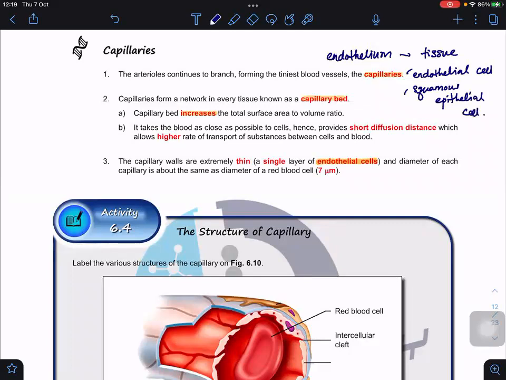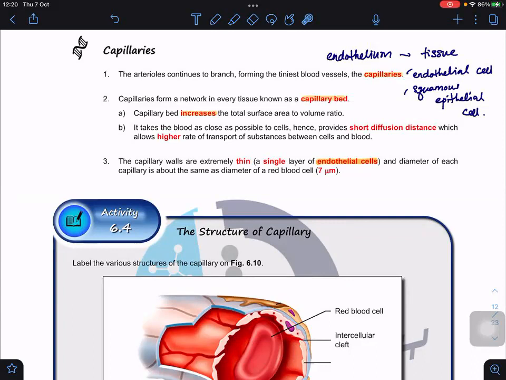If you use the word epithelium, it means tissues. Always remember, endothelium, tissues. Epithelium, tissues. If you refer to the cells, then you have to say epithelial cells or endothelial cells. Are you clear? They are the same thing, guys. Squamous epithelial and endothelial cells are the same thing. It's just that in the blood vessel, we give them a special name called endothelium.